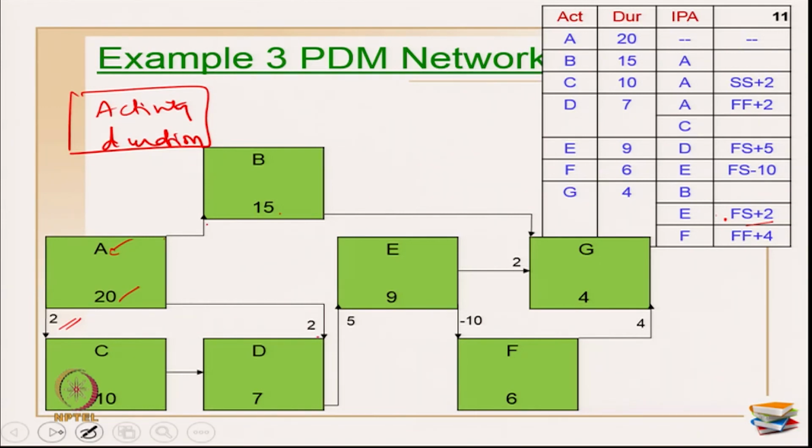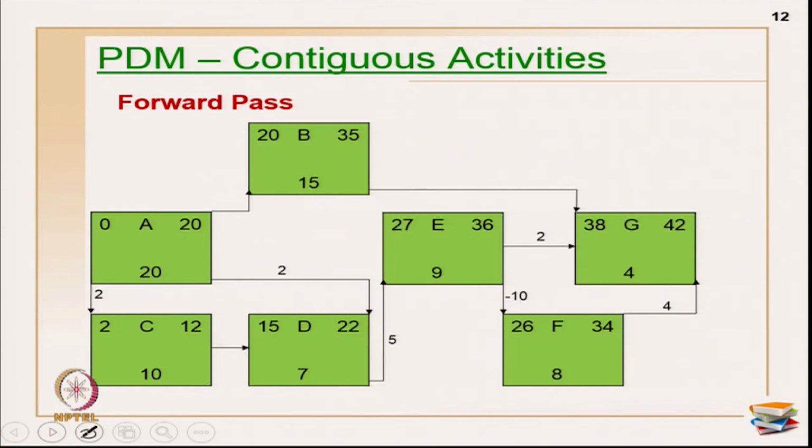Okay. So, now the network is drawn. Now, we will work out the contiguous activity execution. Contiguous activity execution is the same as your CPM network analysis on AON. Primarily, you calculate early start and early finish for the forward pass, late start and late finish for the backward pass, and you will be calculating total float.